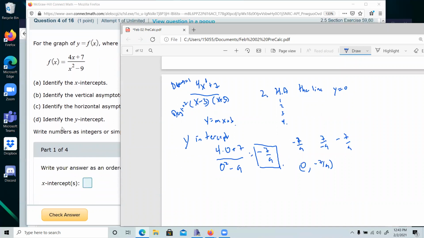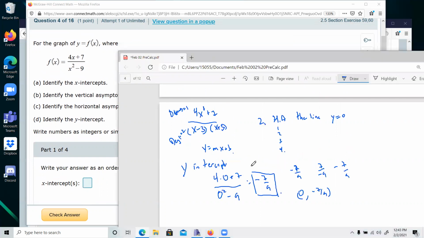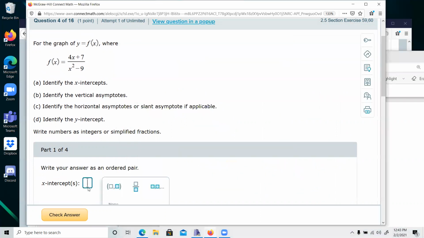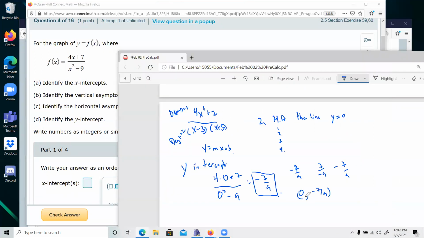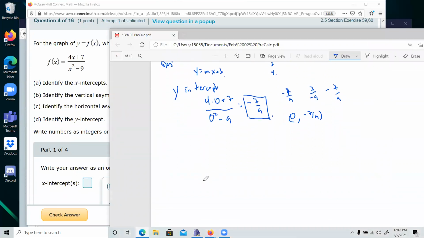Okay. And then what else are they going to ask us here? They're going to ask to write numbers as integers or simplified fractions. I have a feeling they're going to ask us for more points, but we have, oh, x-intercepts. Okay. So y-intercept was when x was equal to 0. For the x-intercept, it's y's turn to be 0. So we're going to have 4x plus 7 divided by x squared minus 9 set equal to 0, because that's y. Now we've got to solve this rational equation.